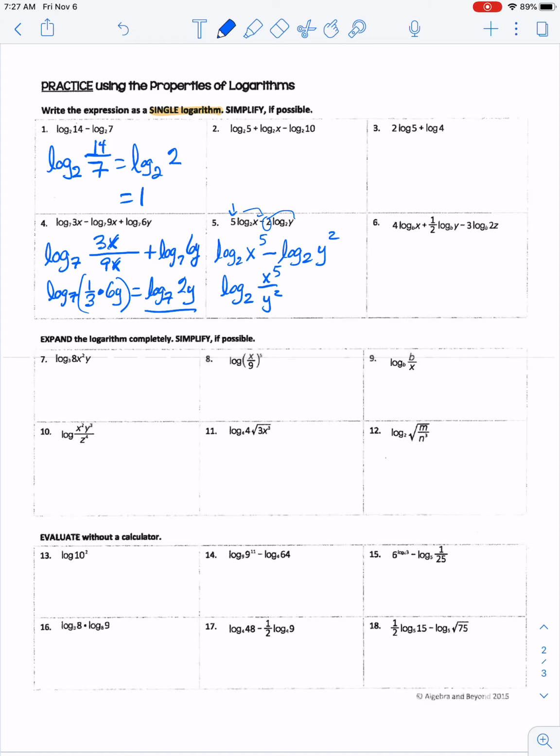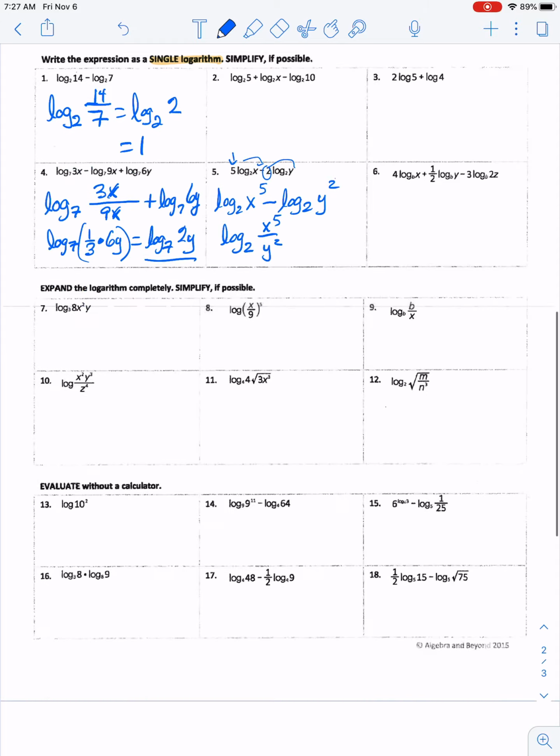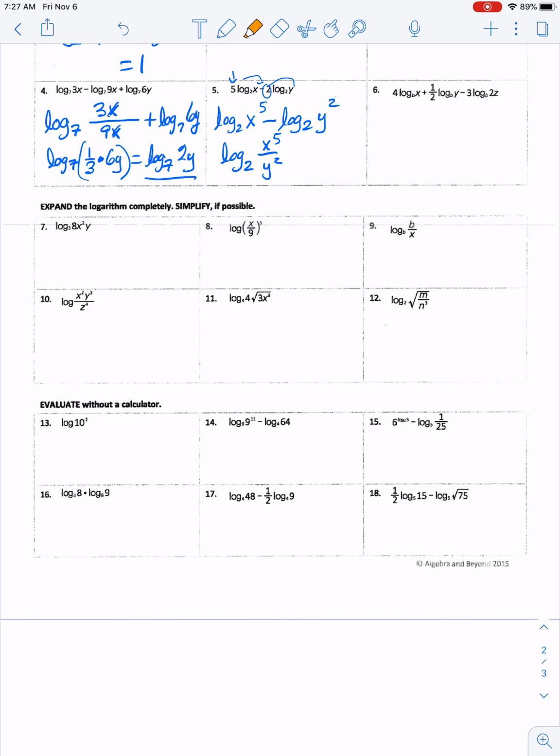Let's see what else here. On down the page, it's changing the directions. This one is expand, simplify if possible. So we want to use the rules and break it out. First, we're going to have log base 3 of 8, plus log base 3 of x to the 2nd, plus log base 3 of y.